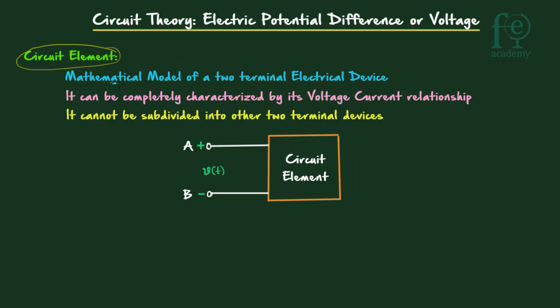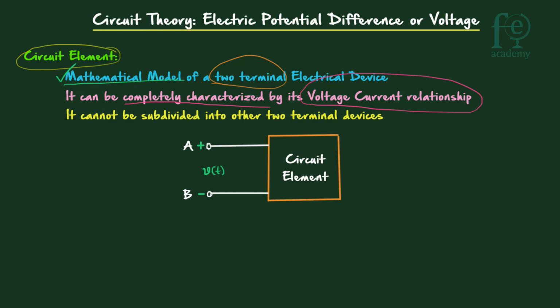A circuit element is a mathematical model of a two-terminal electrical device. So please notice that it is a mathematical model of a two-terminal electrical device. So these words are important. It can be completely characterized by its voltage-current relationship.